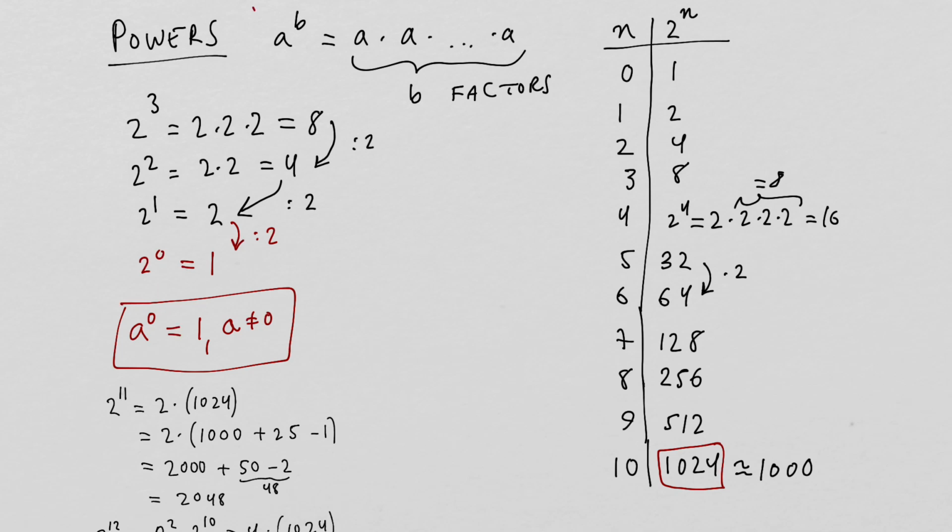Let's use the definition of powers to make some rules for powers. If you would have 5 to power 3 to power 2, this would mean that we take the number 5 to power 3 and multiply 2 times with itself. So if this here is a, then this here is a times a. Well, what is this?